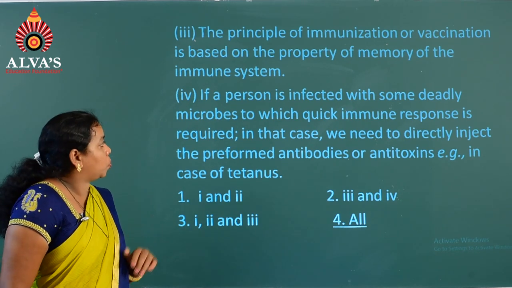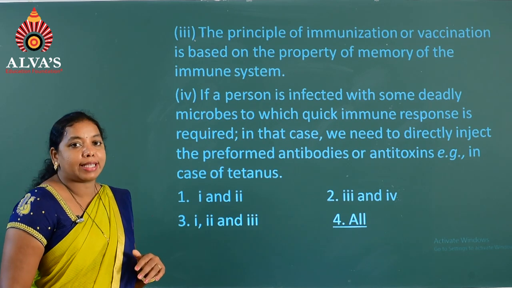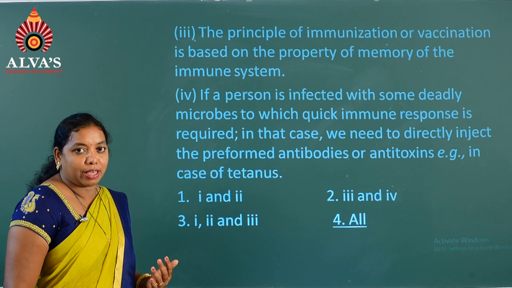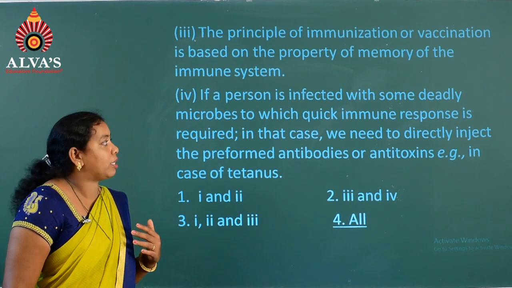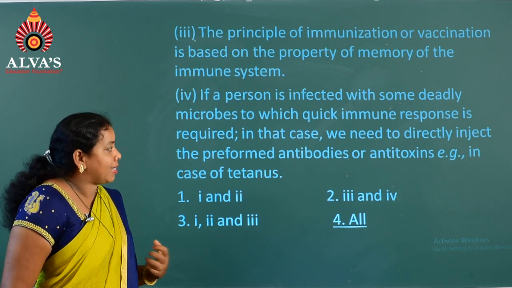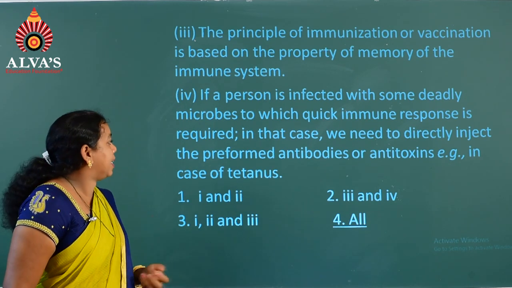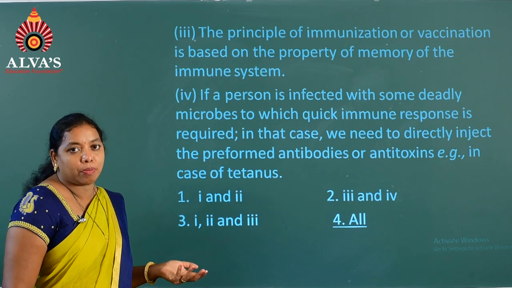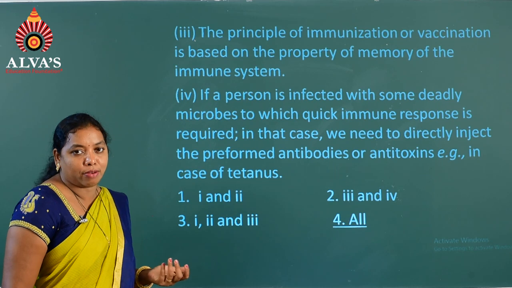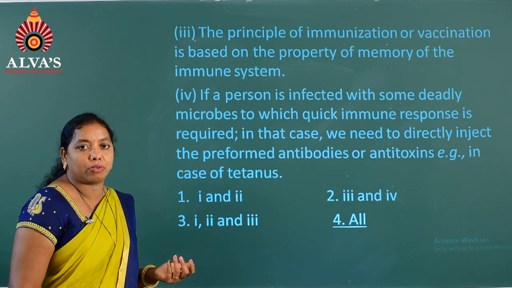The fourth one, if a person is infected with some deadly microbes, like the tetanus infection, to which a quick immune response is required, in that case we need to directly inject the preformed antibodies, which are called antitoxins. Example, in case of tetanus, or during a snake bite.